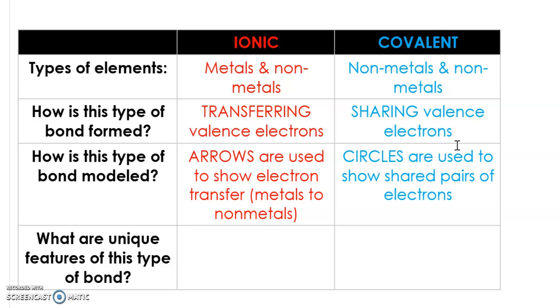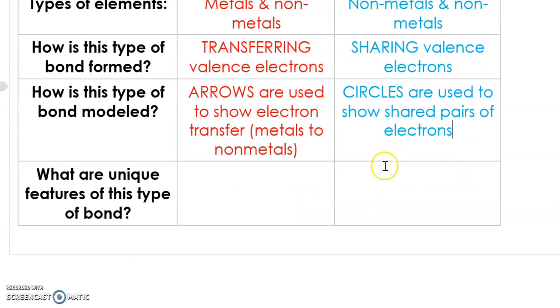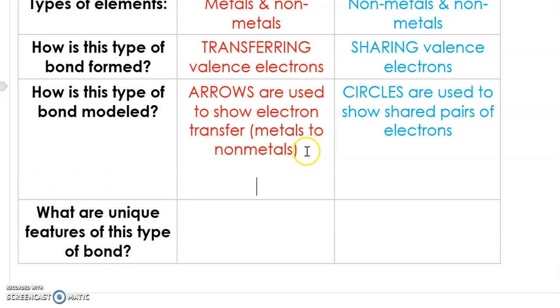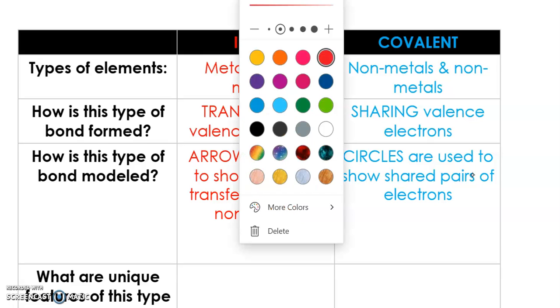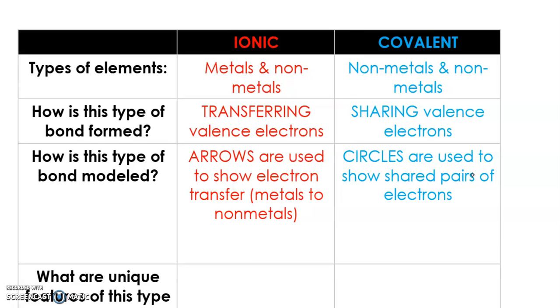So one way that I think might help you as you're studying is I'm just going to draw a little picture. If you think of I for ionic, if you do an I, that kind of looks like an arrow.